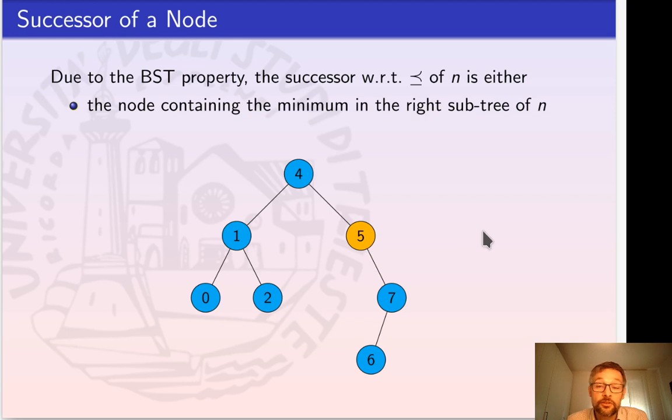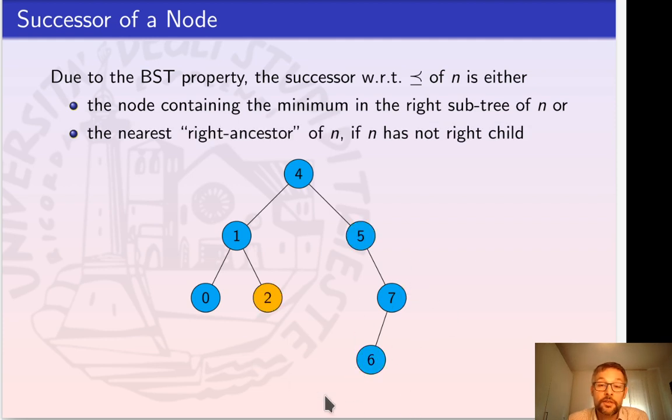In this case of course it is 6, but what about a different situation in which we don't have any right subtree? For instance, what's the successor of 2, since 2 doesn't have any subtrees?